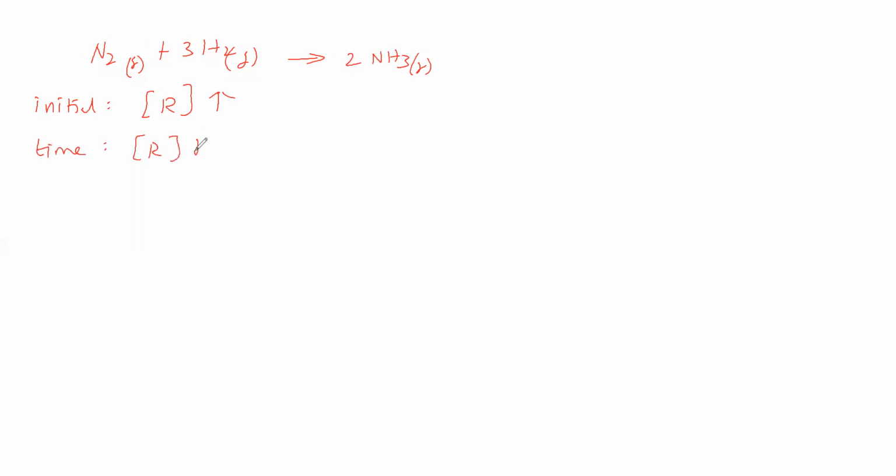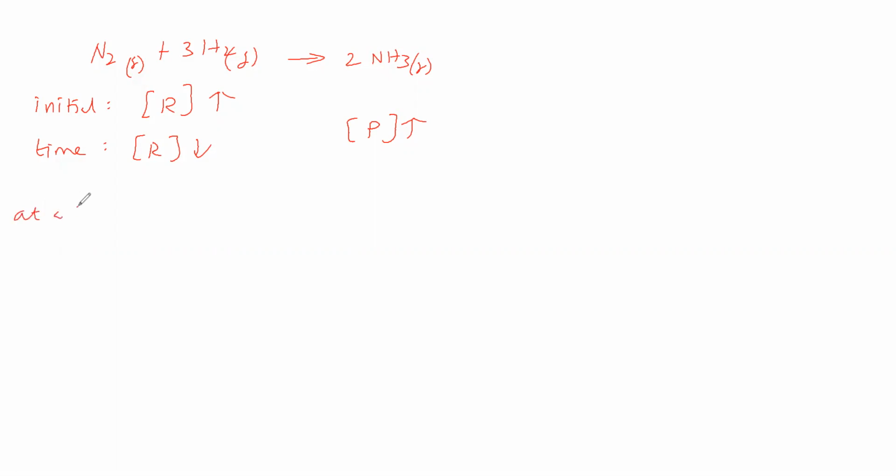The concentration of reactants decreases. What happens to the concentration of products? The concentration of products increases. So as time passes, the concentration of reactant goes on decreasing and the concentration of product goes on increasing.